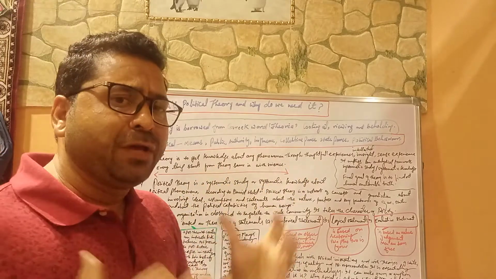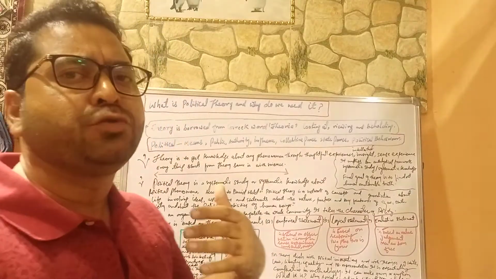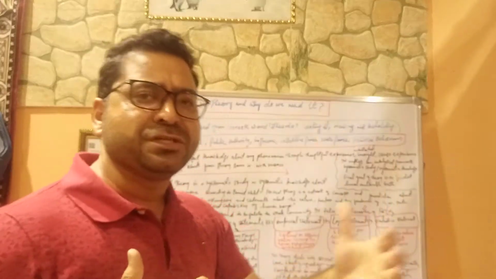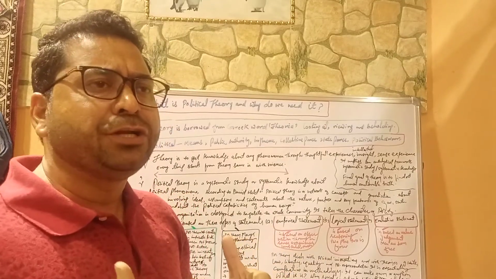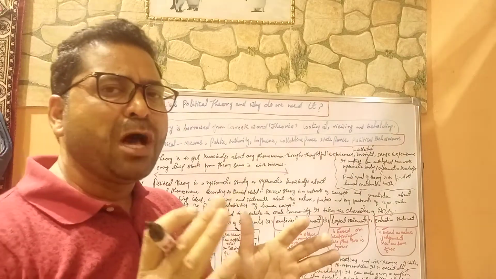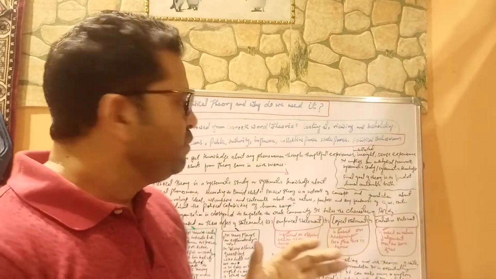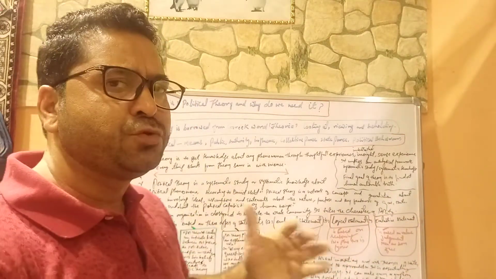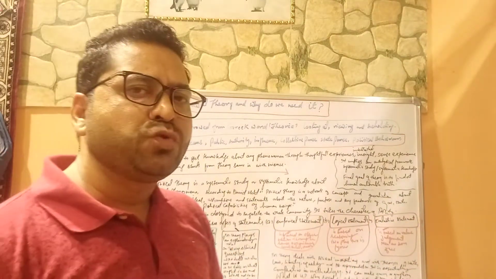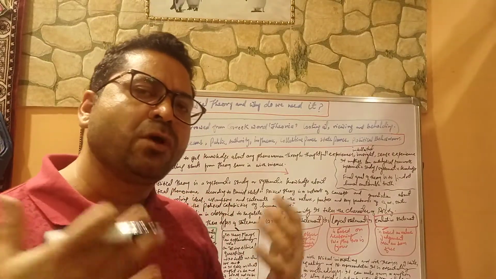When we say the word political, let me give you a particular meaning. Political means public, and what is public exactly? Public is something related to the government, relating to the public in general. It is somehow different from private activities. But there is some sort of dichotomy between the scholars.